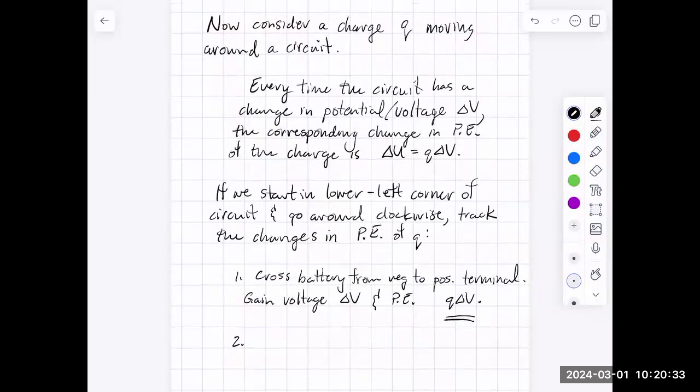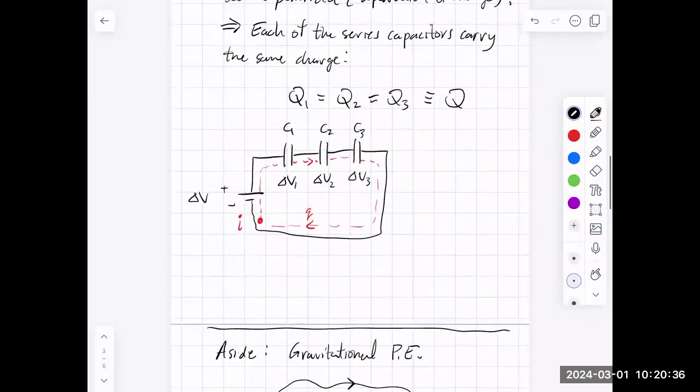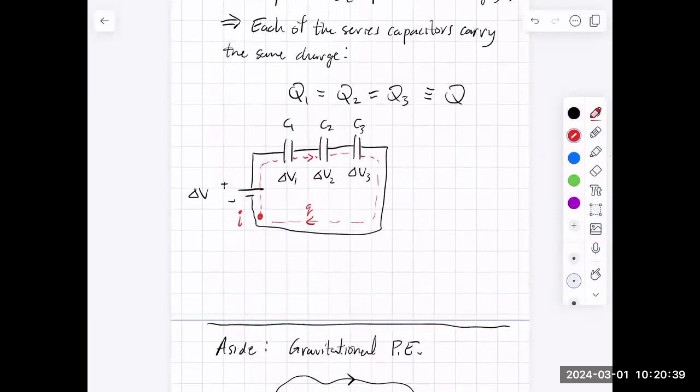So let's go back now to our circuit. And so we've crossed the battery, and so now we're sitting over here. We're going to continue our clockwise journey, and we're going to come to capacitor C1. Now, capacitor C1, we already discovered, is going to have its left plate be positive and its right plate be negative. And that's true for all of the capacitors that are in the series combination. And so remember, electric fields point from high to low potential.